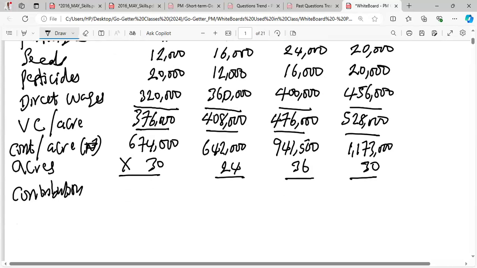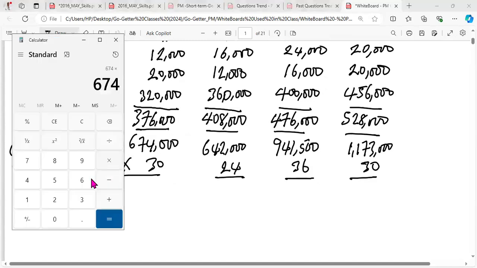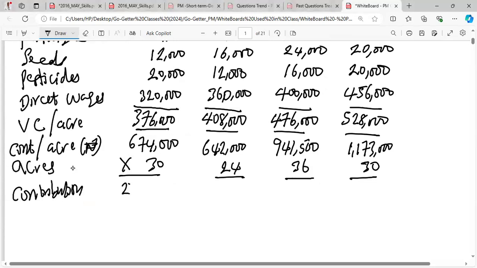So let's do this now. 30 times 674. That gives me 20220. I can decide to put the thousands here. Let me put the thousands. That's fine.